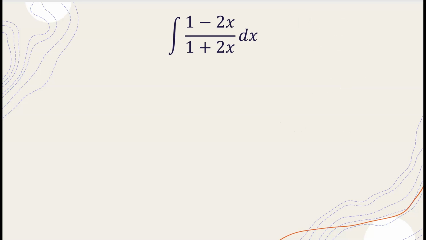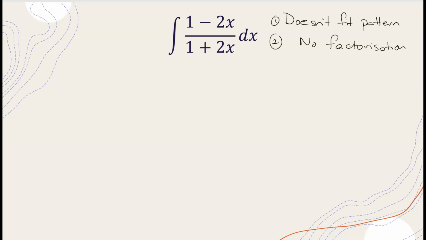The last one, no factorization. It doesn't fit the pattern of the derivative over the function. So that's one thing. There's no factorization. So what we've got to do is something else.